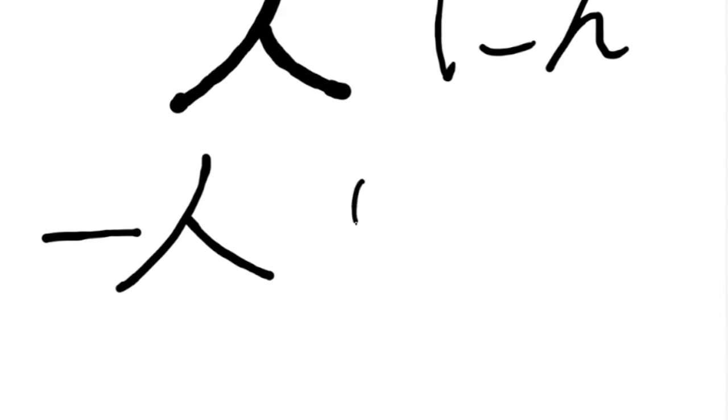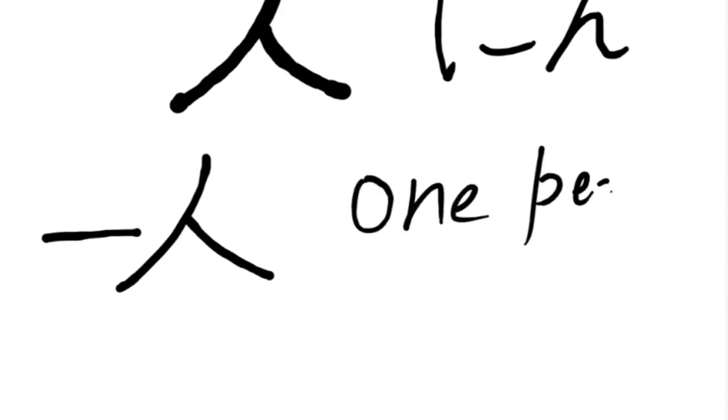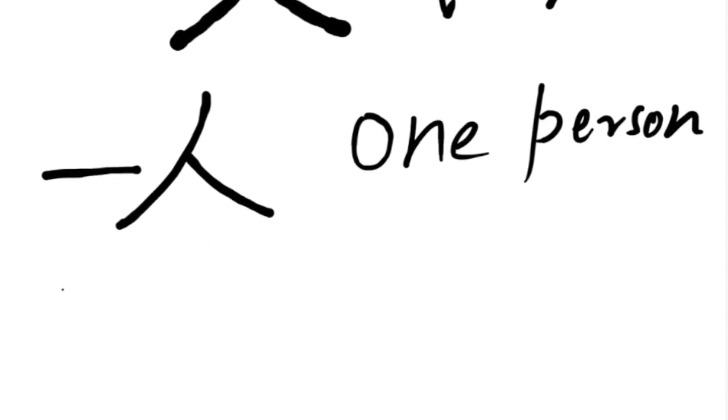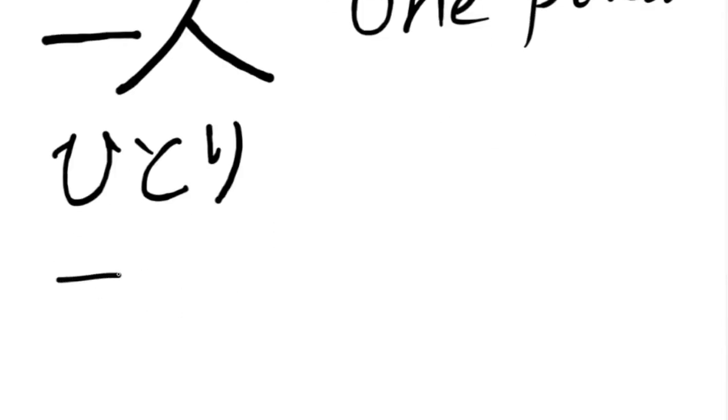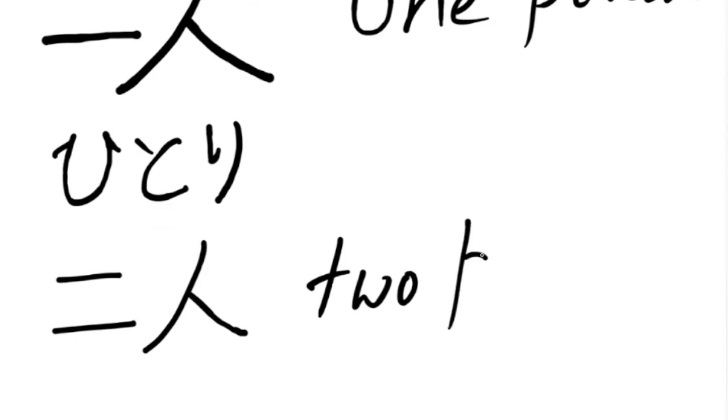So this is the kanji of one person. But the reading is hitori. Here it will not give the reading nin. This is the kanji of two persons.